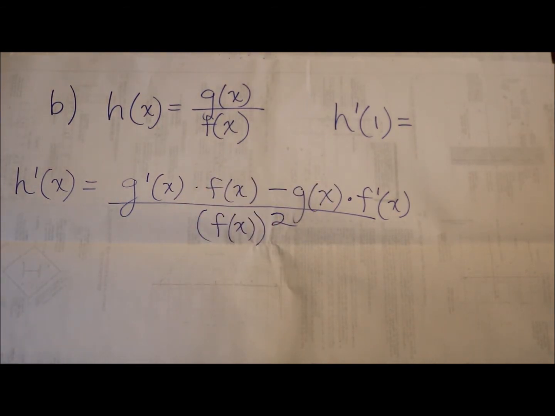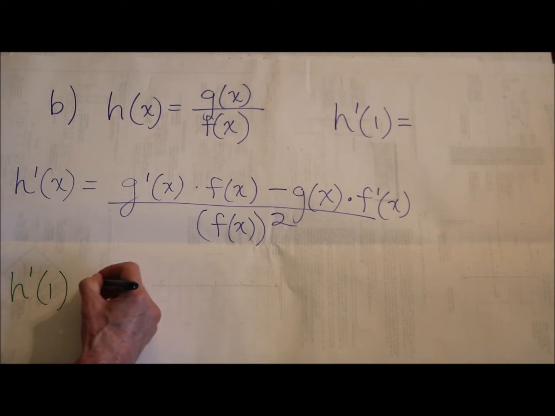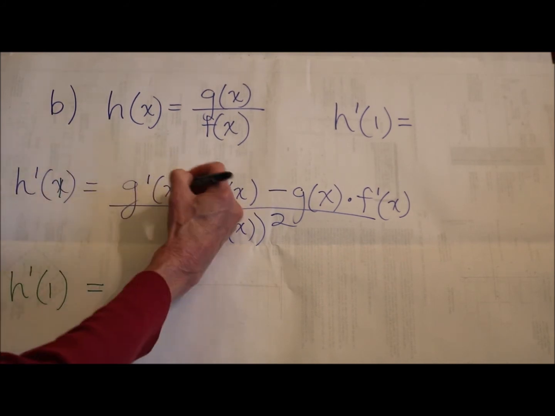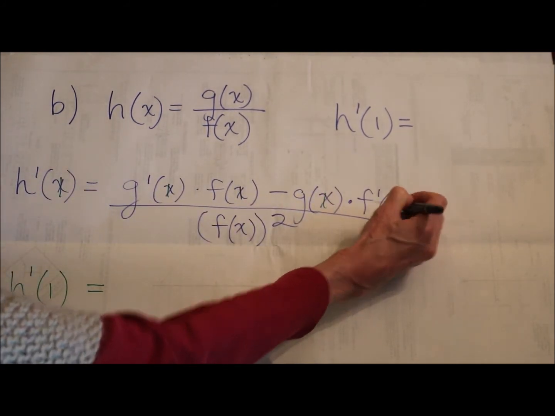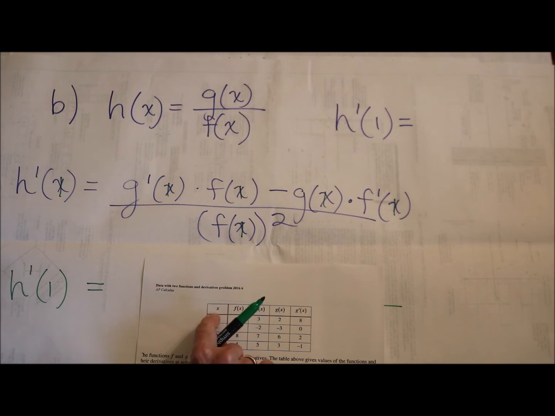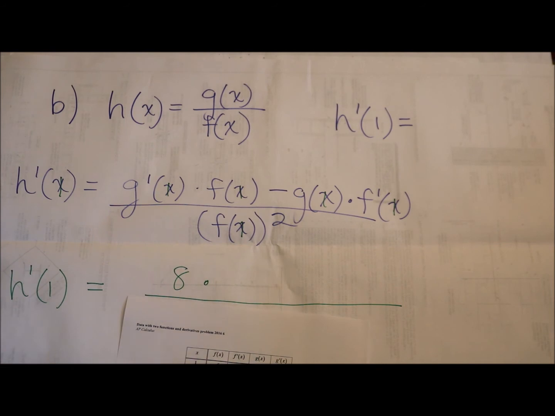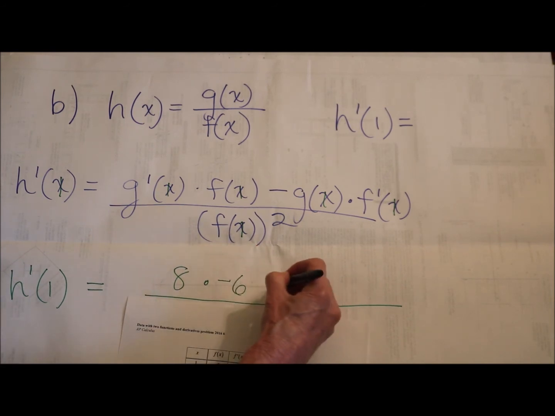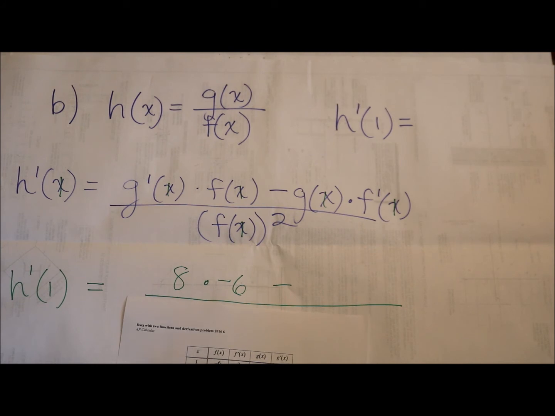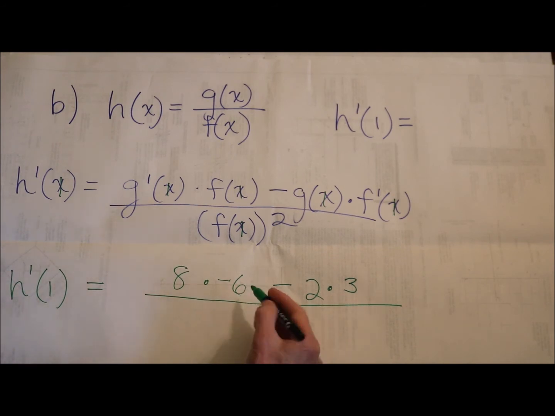Not bad. Now all we have to do is substitute in a 1 for all of these. Looking at my table, g prime of 1 is 8 times f of 1, negative 6, minus g of 1 is 2, times f prime of 1 is 3, over f of 1, which is negative 6, quantity squared.